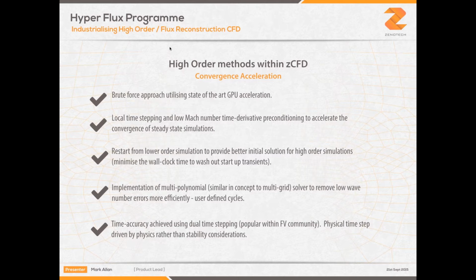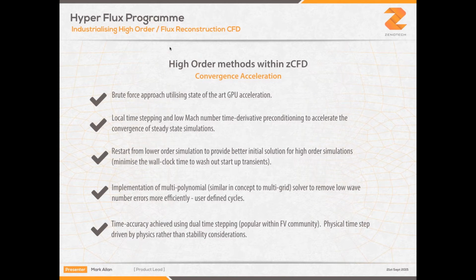For the convergence acceleration techniques which we have implemented, we've mainly been focusing on convergence to steady state problems. The main idea is that if we have an efficient steady state solver, we will be able to wrap it with something like dual time stepping in order to allow time accurate simulations to be done.